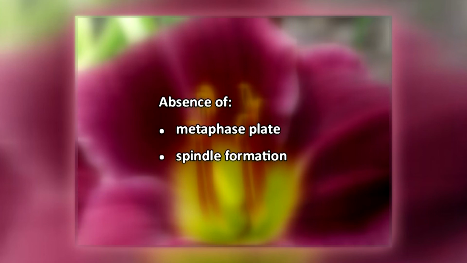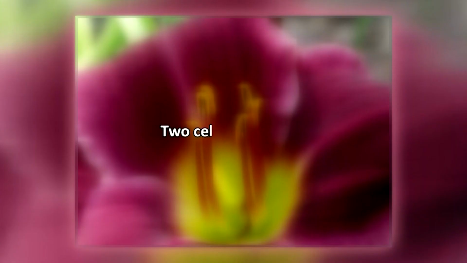In most of the plants, the division of the generative cell in the pollen tube is characterized by the absence of metaphase plate and spindle formation. Many studies have shown that even if pollen are shed at two-celled condition, the generative nucleus is already in prophase stage and the process of division merely continues in the pollen tube.